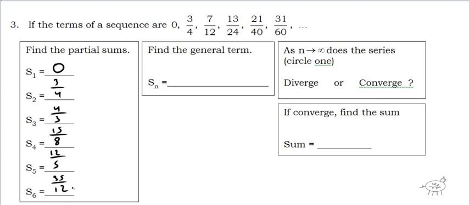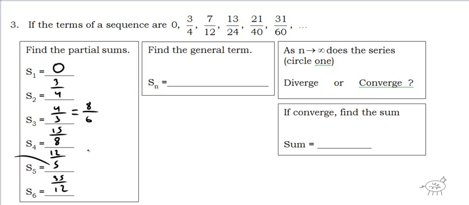Now here's the deal. This doesn't look like a pattern. Look at the denominator: 4 to 3 to 8 to 5 to 12. So remember what we talked about back in the day. You have to unreduce sometimes these fractions. Well, what if I multiply this one by 2 over 2 and do 8 over 6? That kind of has a pattern: 4, 6, 8, 10. Right?